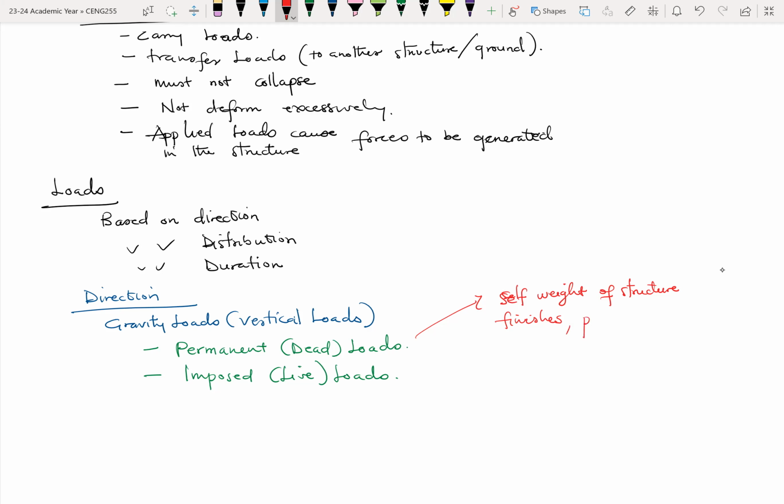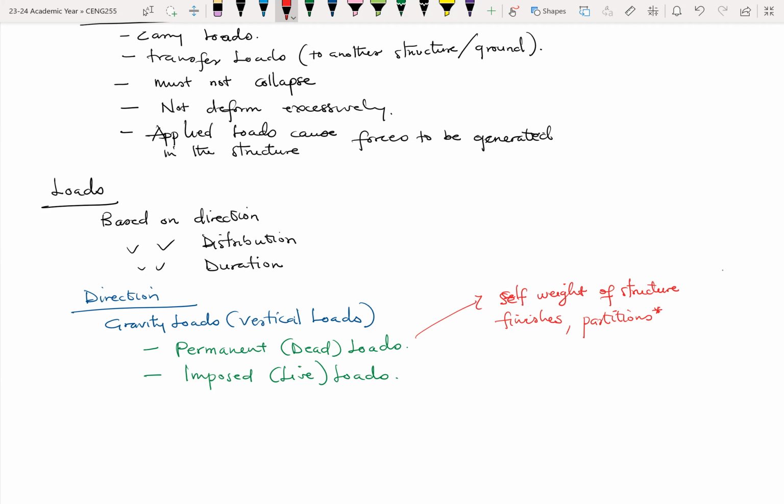Then we have partitions, right? And with the partitions, let me put an asterisk by it because sometimes we can have what we call permanent partitions, and other times we can have partitions which are temporal, right?